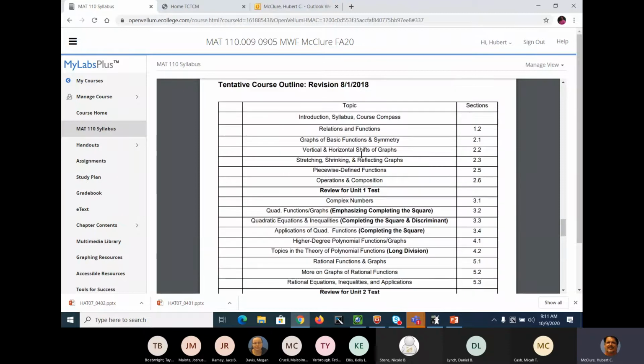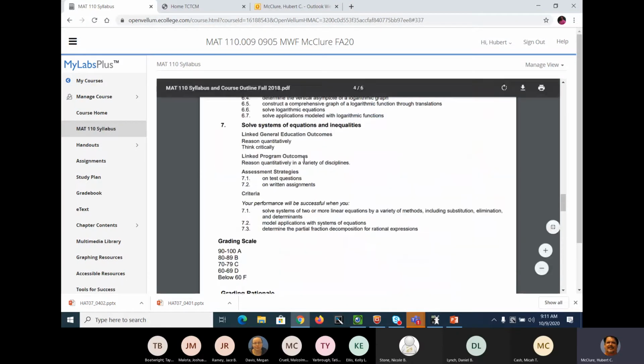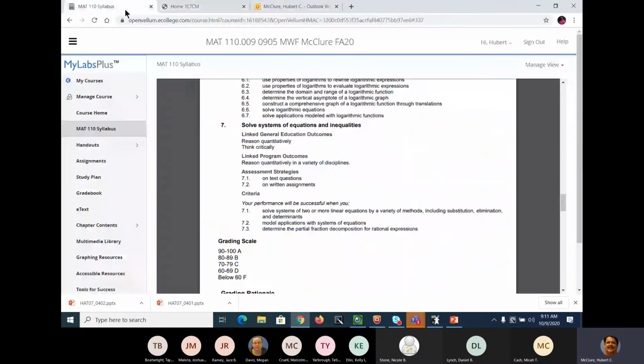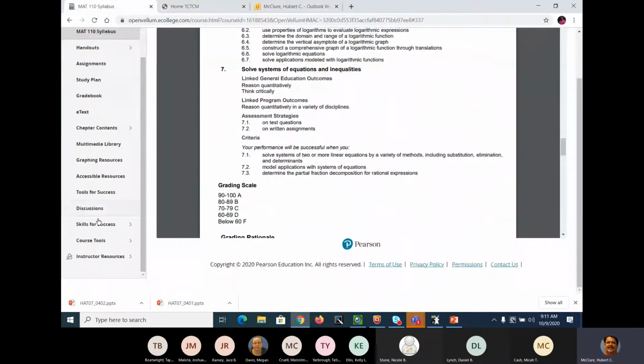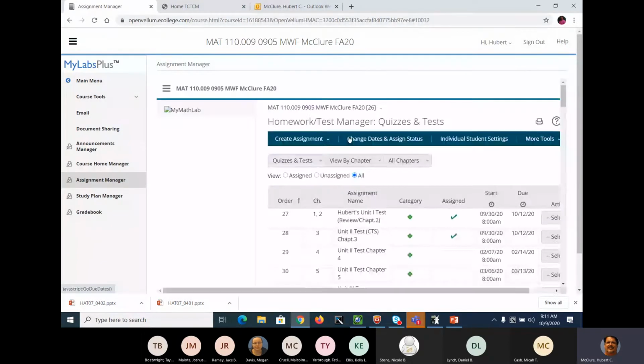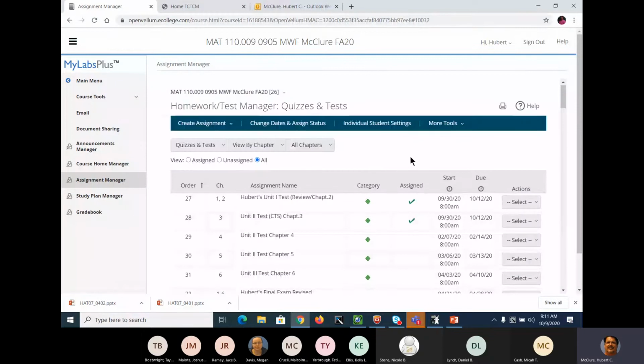All right, so with that being said, let's get back to the test that I pulled up, and I'm going to try to get through as much as I can, try to finish it this time. Assignment manager, and I'm not going to do the bonus questions. If I've already done 2 or 3 complete the squares, I'm going to keep on going because I don't need to spend time doing stuff I did last time.